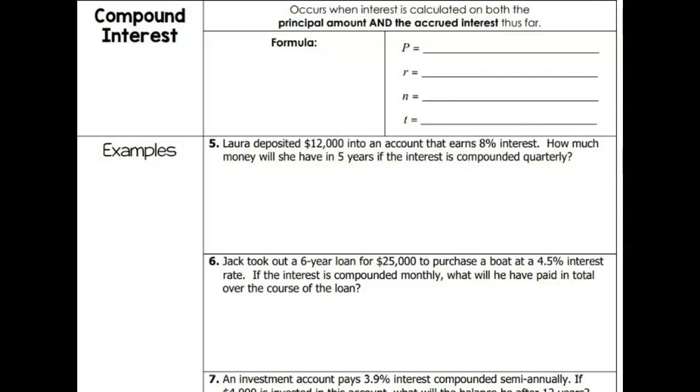And this is what we refer to as compound interest. This is probably the most powerful idea when it comes to thinking about investing or being able to understand how our money can grow if it's invested.